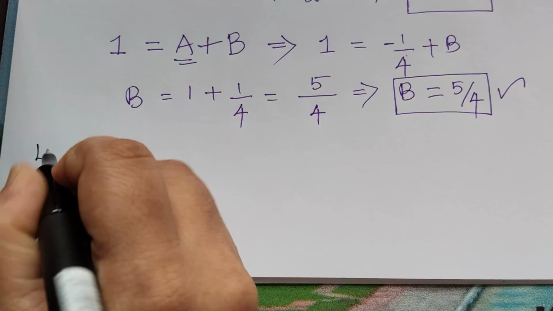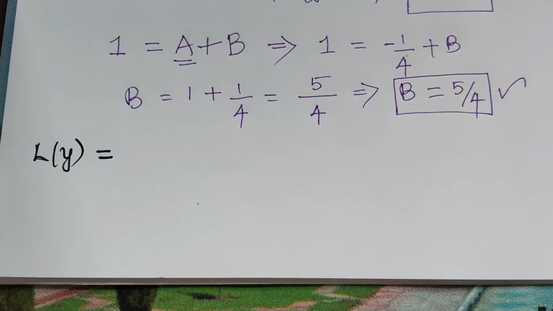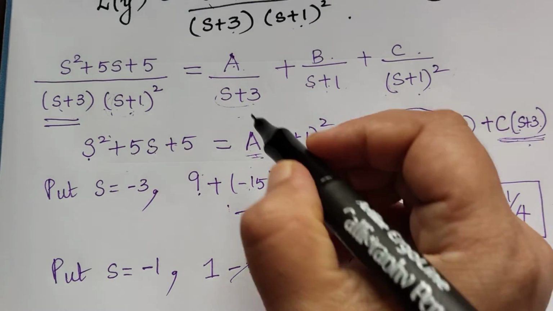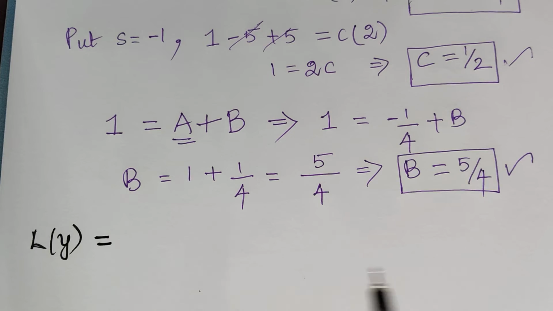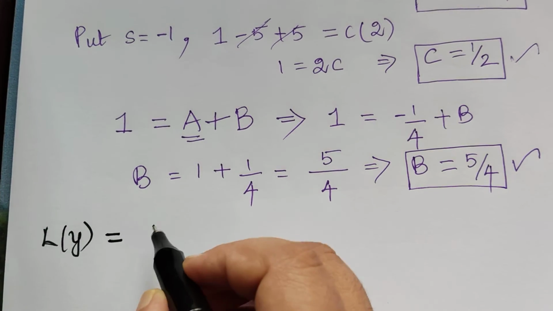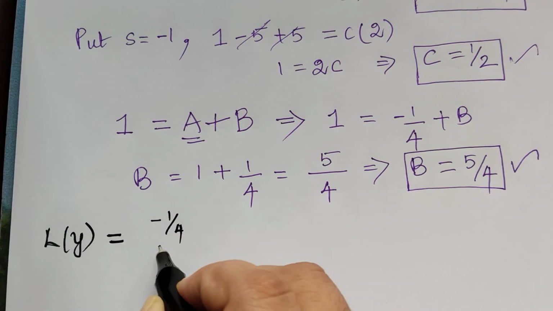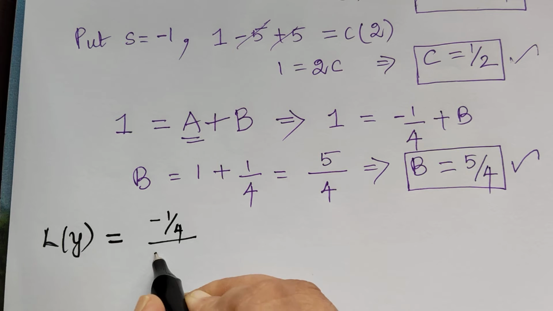L of y is equal to, a divided by s plus 3. What is a? It is here, negative 1 by 4. So minus 1 by 4 divided by s plus 3.